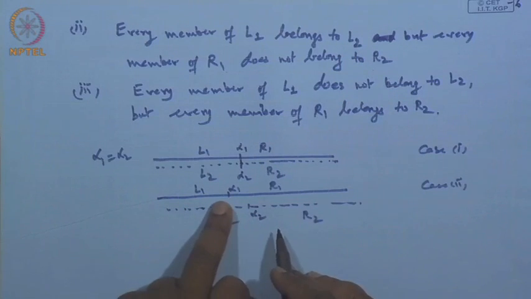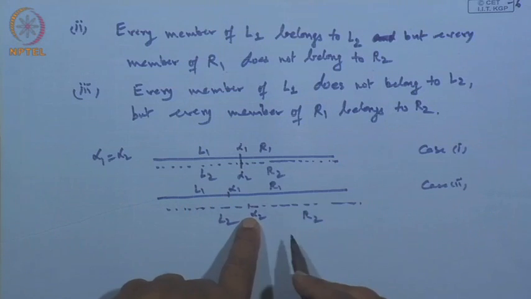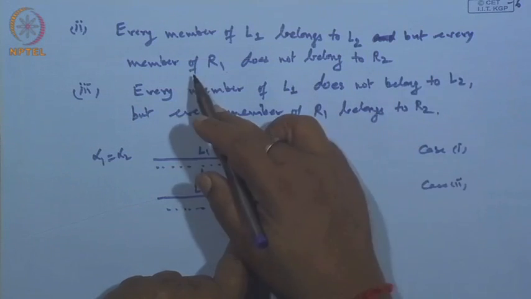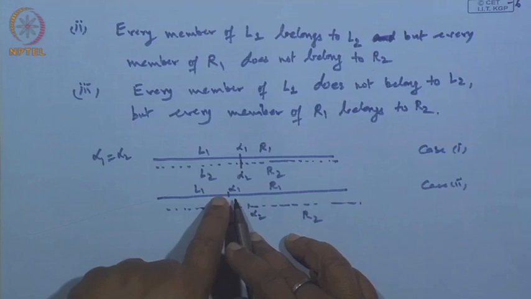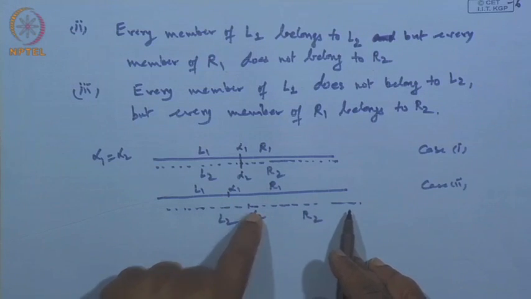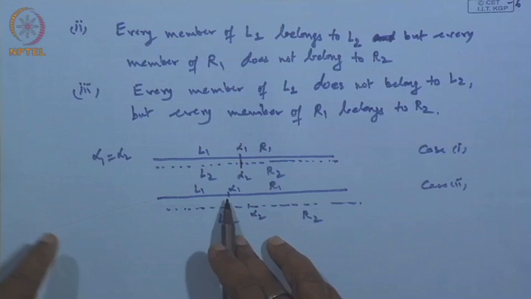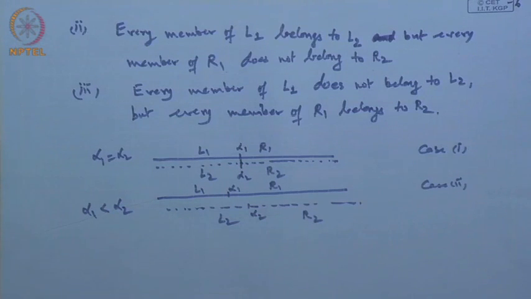It means the cut alpha 1, this entire line, must be lying on part of L2, but every member of R1 does not belong to R2. It means the R1 class supersedes R2, is it not? So, that is only possible when the position of alpha 1 and alpha 2 is such that alpha 1 is strictly less than alpha 2. Okay?